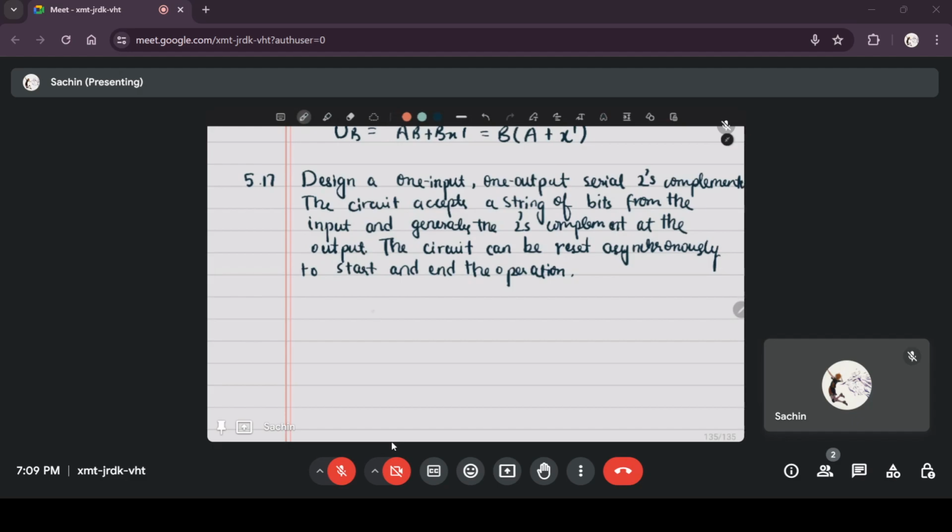So if you give a 0, it should give its two's complement, which is a 0. You give a 0 0, it should give its two's complement 0 0.